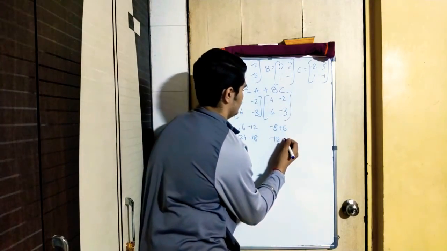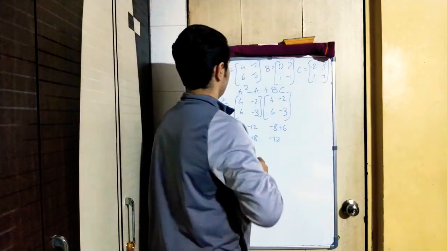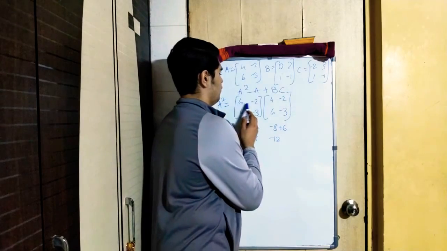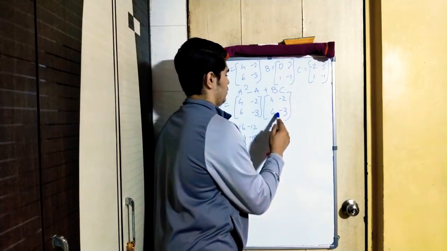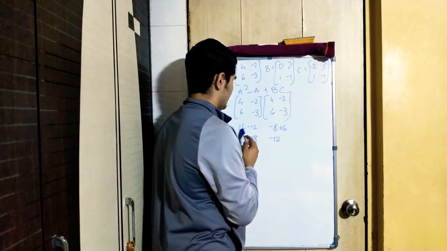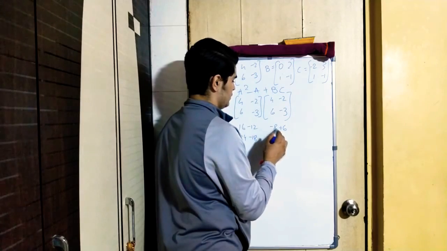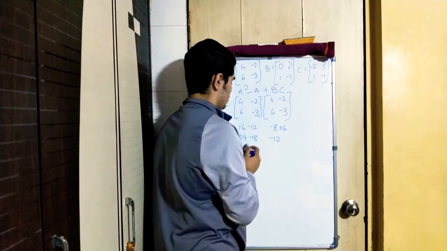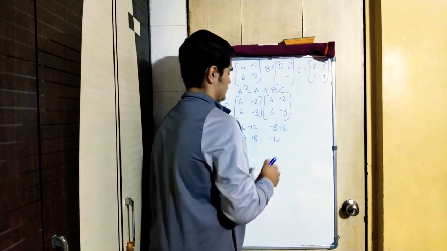Minus 3 into minus 3 is, see again I am explaining you this multiplication thing. First row with first column, first row with second column. First row with first column we get this. First row with second column we get this. Second row with first column we get this. Then second row with second column we get this.